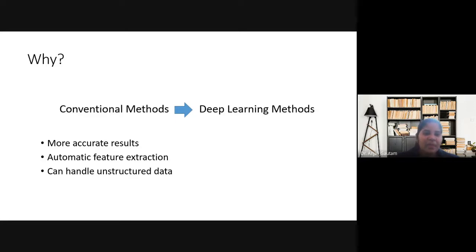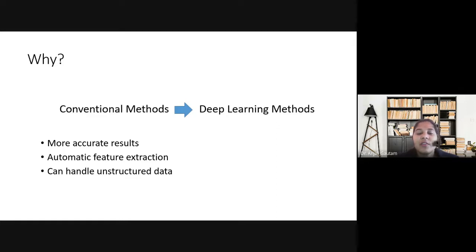Those steps are not needed here. These deep learning methods will automatically extract the features and perform the task we have decided for them.